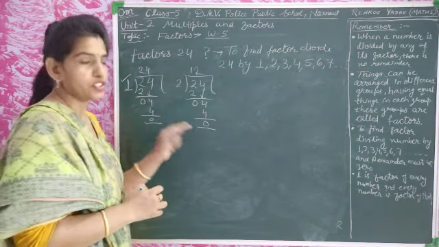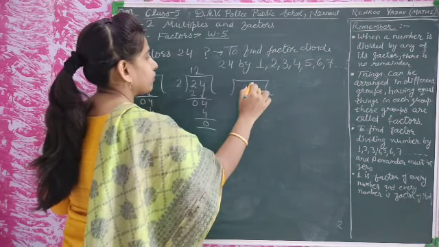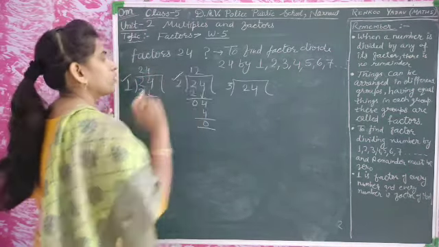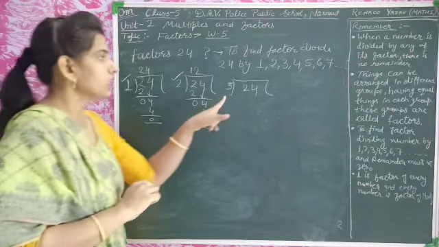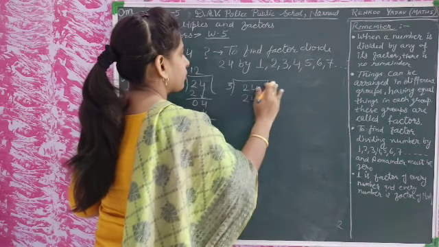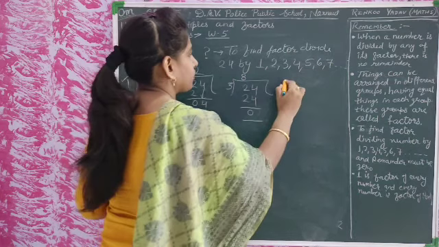The remainder is again 0. Now let's check another. 24 is divided by 3. 3 8s are 24. This is also a factor. There is the remainder 0 here.